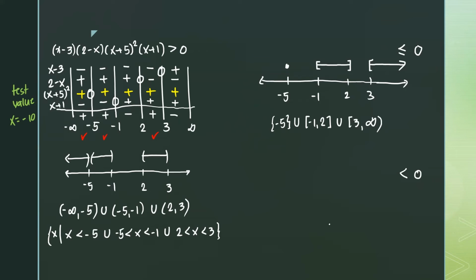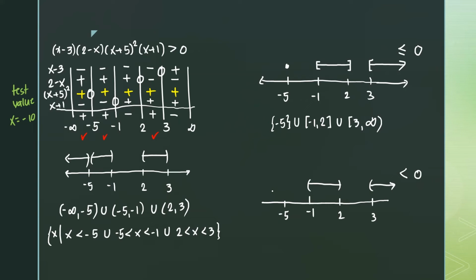Right? Okay. Next, negative 5, negative 1, 2, and 3. So how do I write it kapag less than lang siya? Pag less than lang siya, ganun pa rin. Pero, it becomes parenthesis.